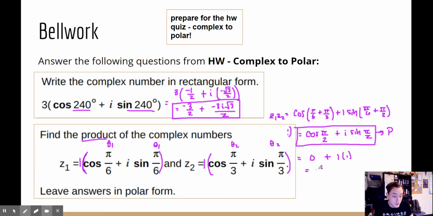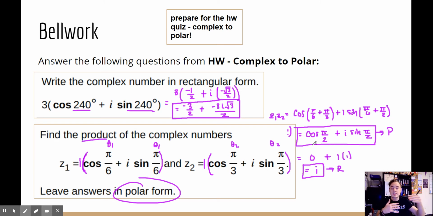So my rectangular form is literally just 0 plus i, or in this case, it would just be i. This is what it is in rectangular form. But like I said, all they wanted was polar form. So make sure you understand the difference and relate the difference between polar and rectangular form. It can get sometimes tricky there.